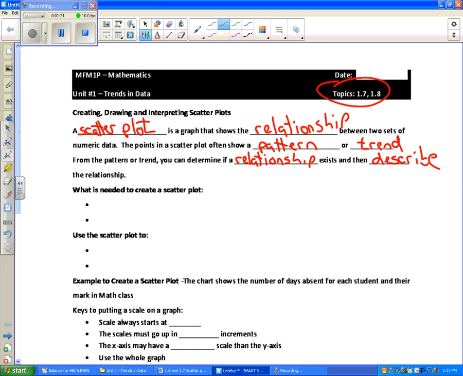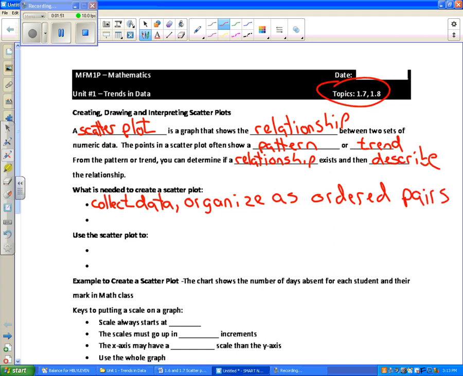So what do we need for a scatter plot? Well, first, we collect the data. And then we're going to organize it as ordered pairs. And we'll see that in the example that we do in a few minutes.